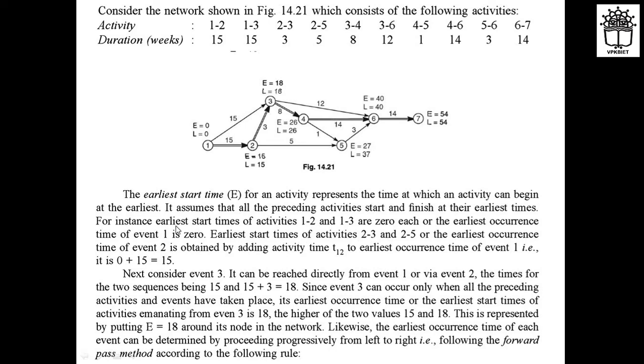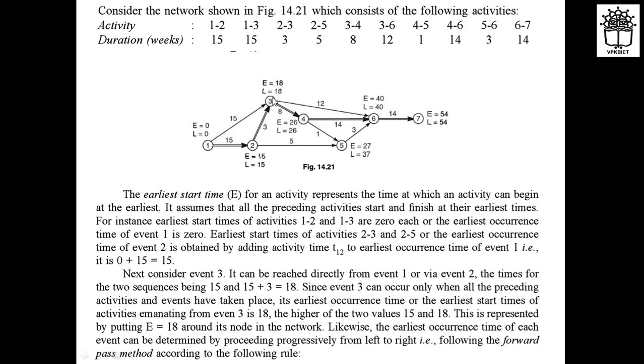You can see that the earliest start time for activities 1 to 2 and 1 to 3 is 0 each, or the earliest occurrence of event 1 is 0. The earliest occurrence of event 2 is obtained by adding the activity time t1-2 to the earliest occurrence of event 1. That is 15 here.